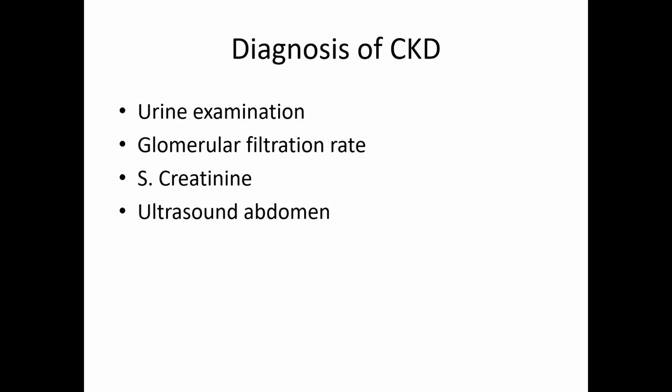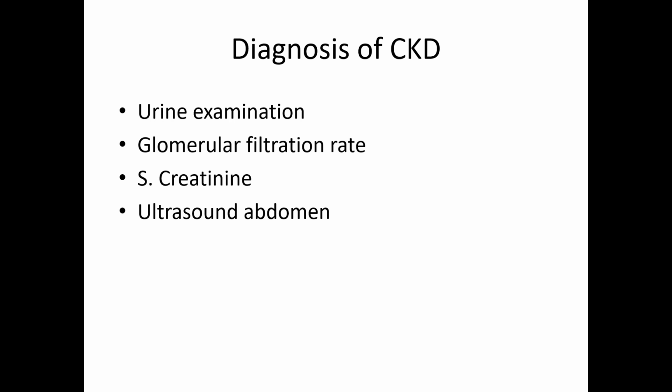So to diagnose chronic kidney disease, usually we have at least 3 parameters: urine examination, then the serum creatinine, and the third, some imaging technique. Kidney biopsy is rarely required.